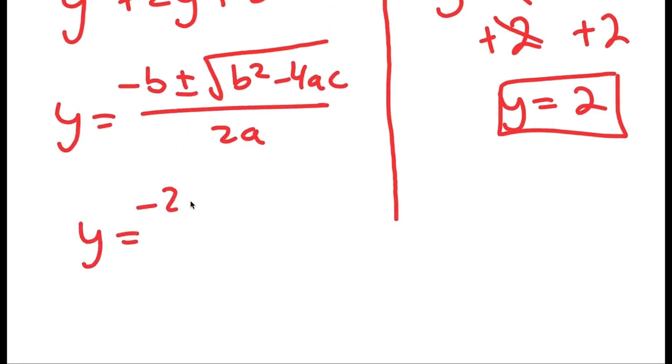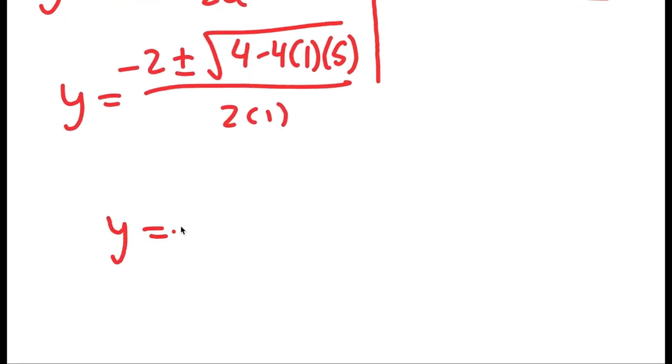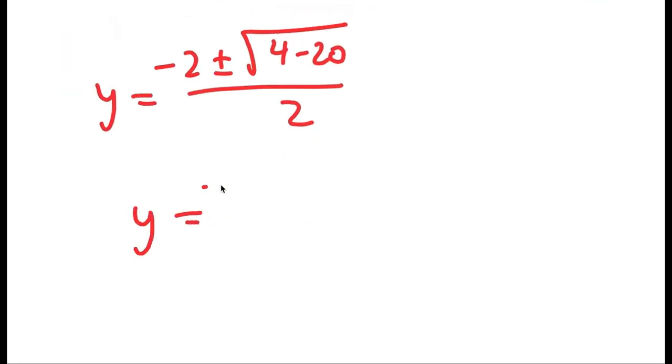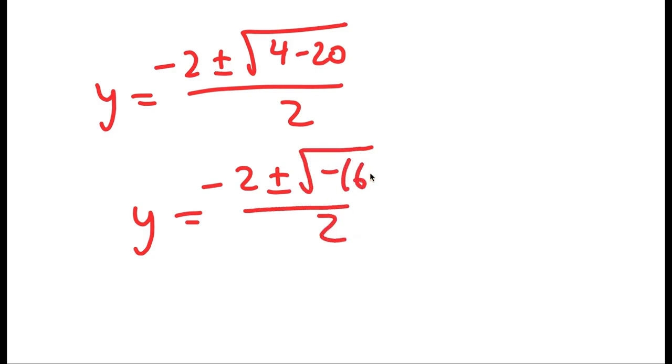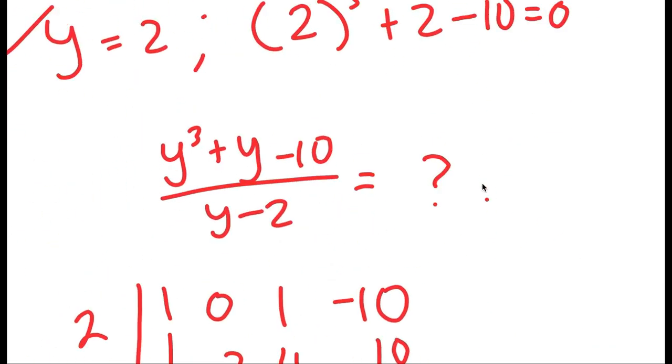So I get y equals negative 2 plus or minus the square root of 2 squared, which is 4, minus 4 times 1 times 5 all over 2 times 1. And this turns into negative 2 plus or minus the square root of 4 minus 20 over 2, which is equal to negative 2 plus or minus the square root of negative 16 over 2. And because we have the square root of a negative number, we cannot use this solution of y, meaning we can only use y equals 2 as a solution.